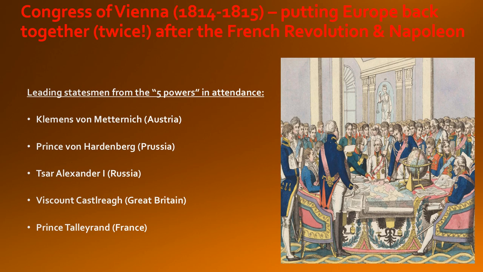But he was talented without a lot of principles, and in fact, his unprincipled nature, his amoral approach to politics, actually helped him navigate the rough waters of Europe and France in the 18th and 19th centuries.